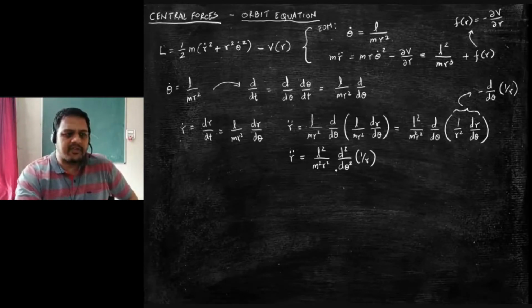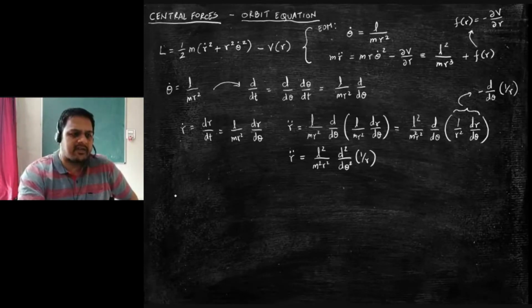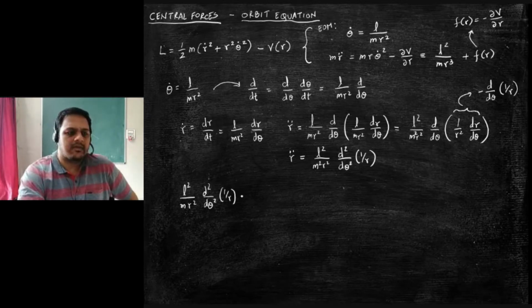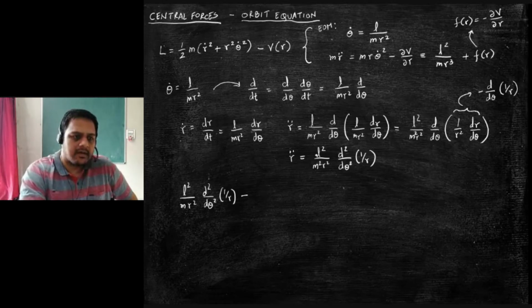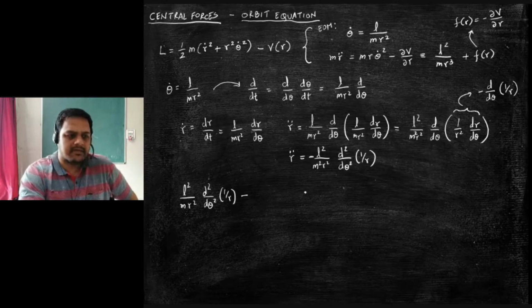If I substitute this into my original r equation of motion, I get L square by m r square d square by d theta square operating on 1 by r. There will be a minus sign. My mistake.